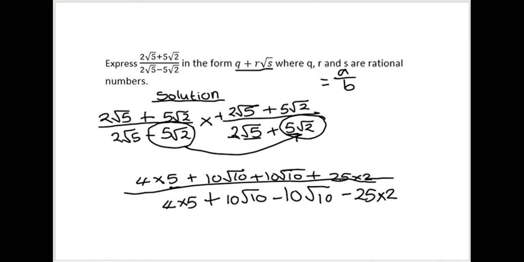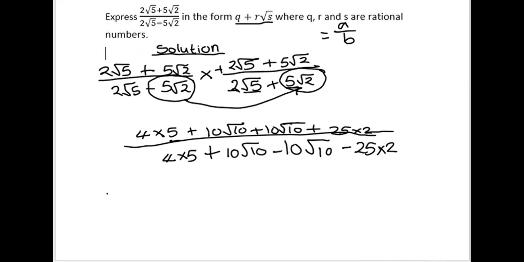So I'm going to have 4 times 5 is 20, plus 10 root 10 plus 10 root 10. They are similar surds, and when similar surds are added together, we add the numbers in front of the roots.